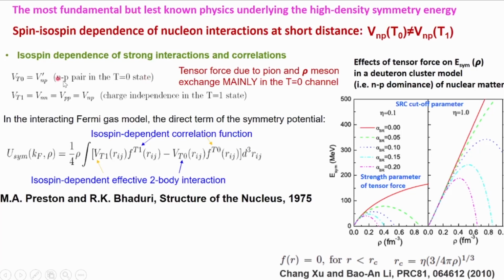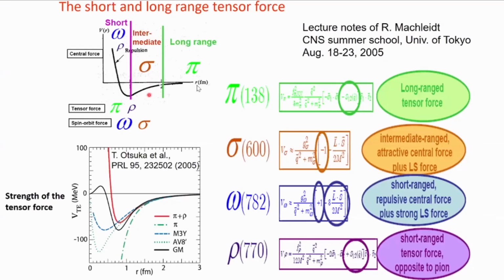So in the iso-singlet channel, you may have additional tensor force, but in the isotriplet channel, the tensor force contribution is known to be very small. So from here, we know that the isovector potential depends on the isospin dependence of the strong interaction, and that's something not very well known at the moment.